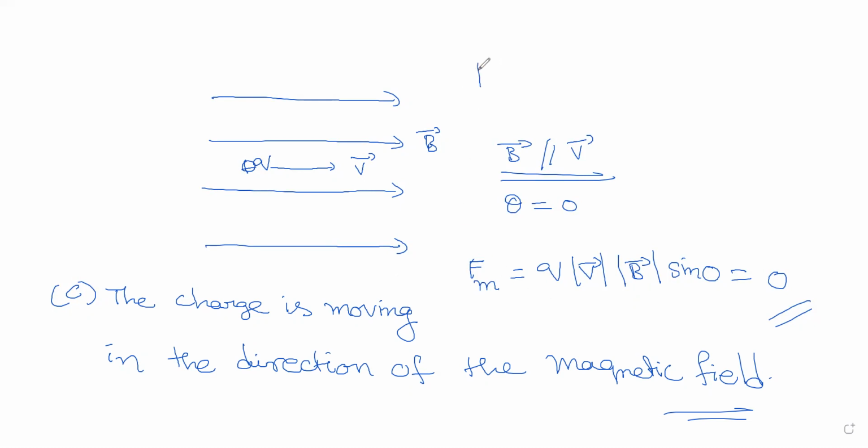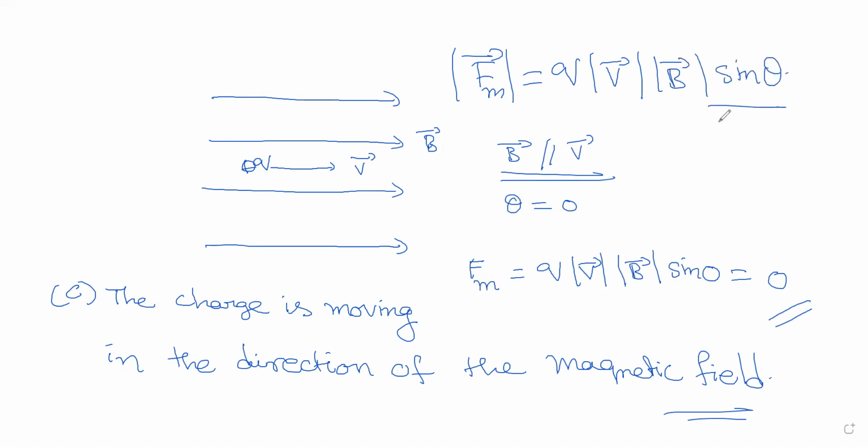Hope you understood. Mod Fm bar is Q into mod V bar mod B bar sine theta. This is the expansion of the cross product. This is how you get it.